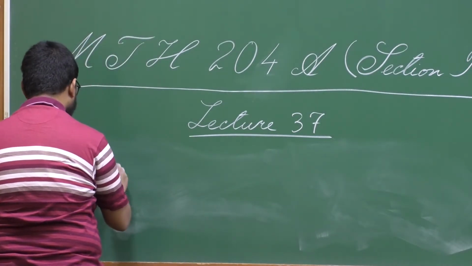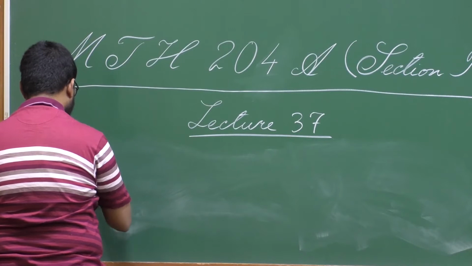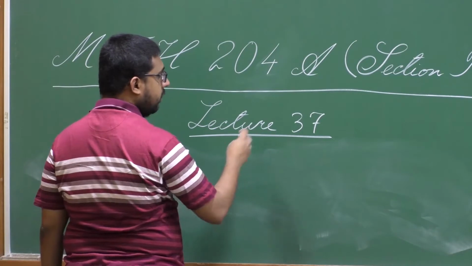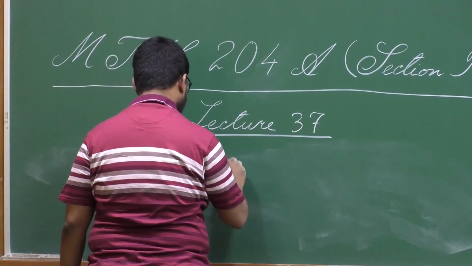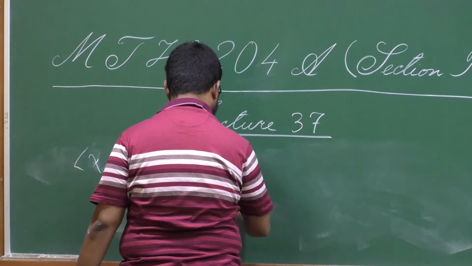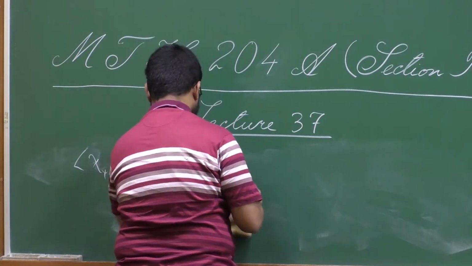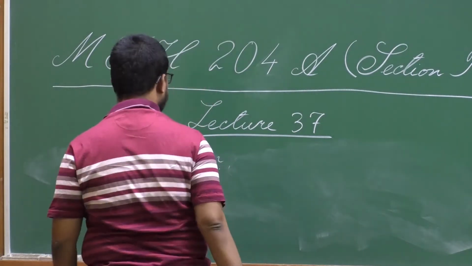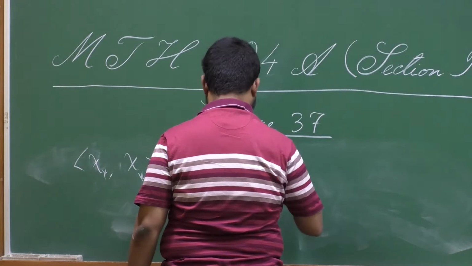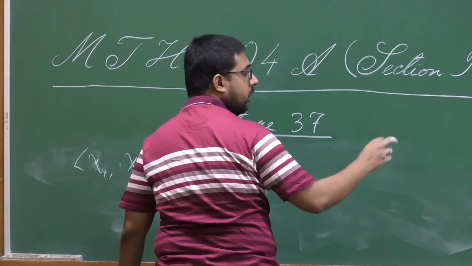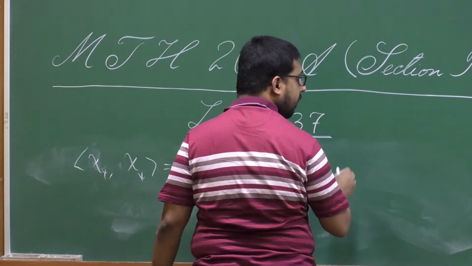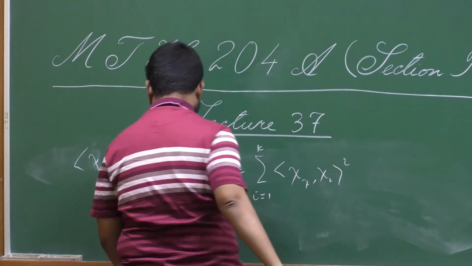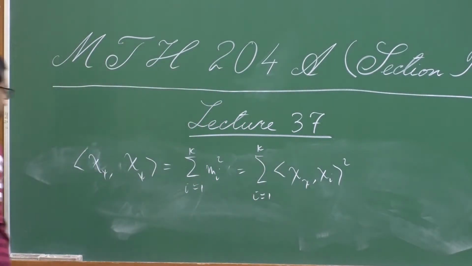So the inner product of chi psi with chi psi is simply the sum of mi squared, right?